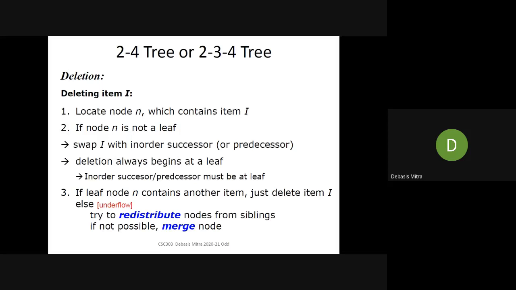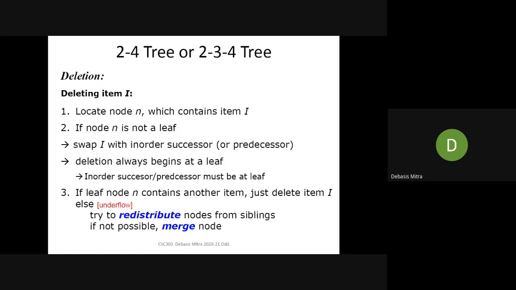If it is a leaf node, then it's fine. But basically, we will be asked to delete an element, not a node. That element will be part of a node, and we have to locate the node. If the element resides in a leaf node, then the first step of deletion is very trivial.